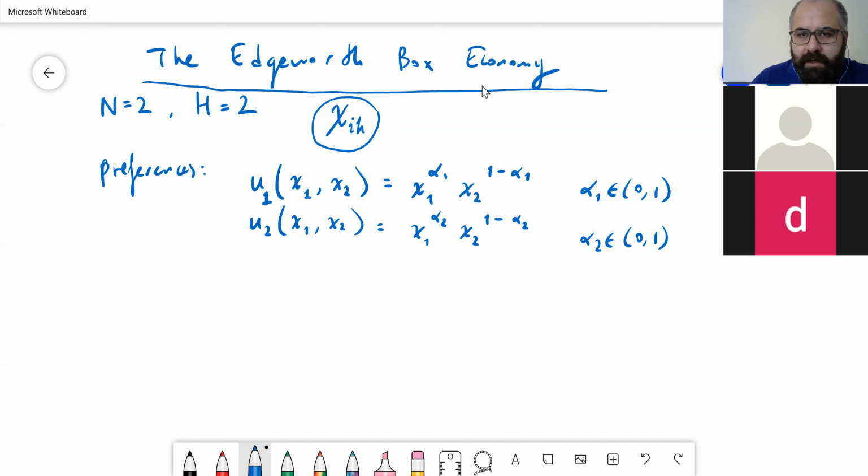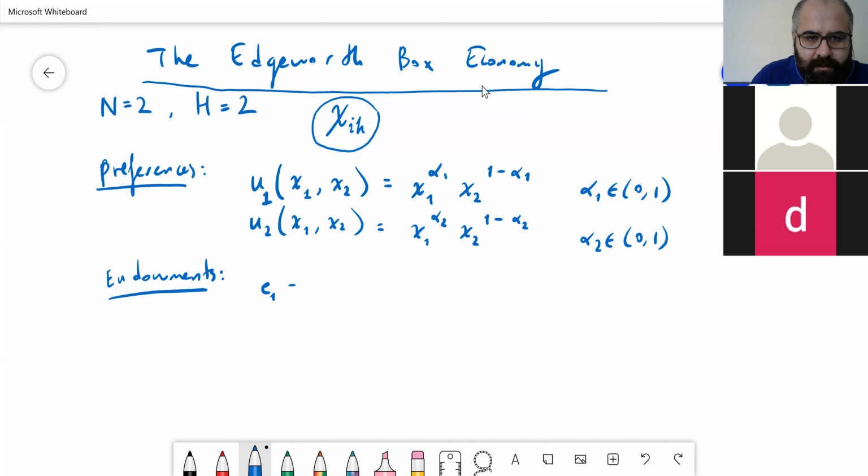So you see, these consumers or households are different. In general, they are different in terms of the utility they attach to the first good and the utility they attach to the second good. So these exponents in general differ, but we're going to assume constant returns. Now, endowments are like this.